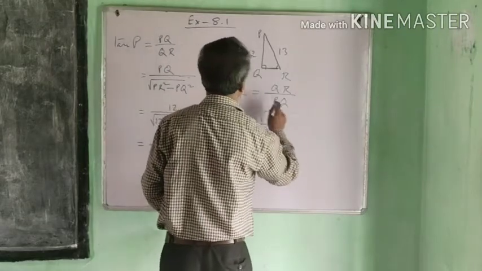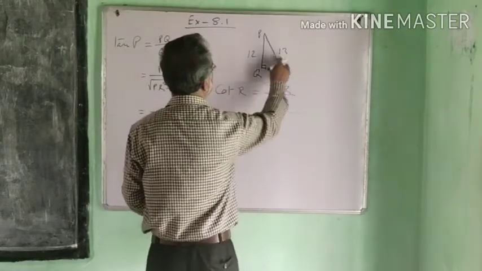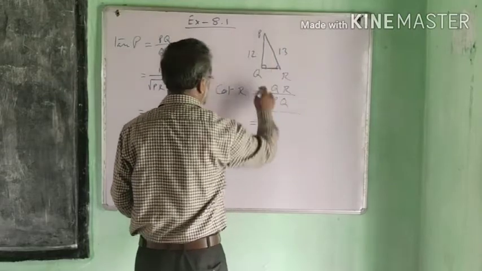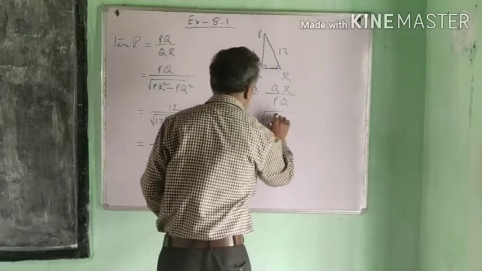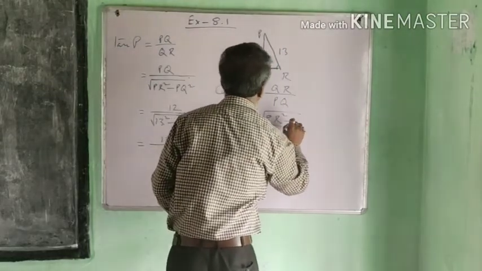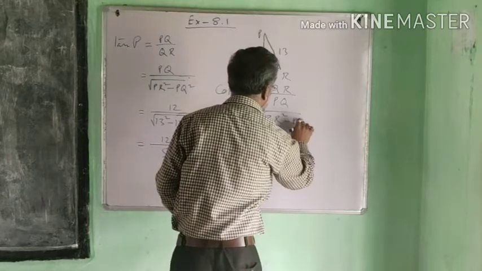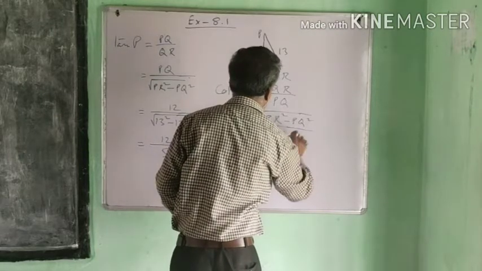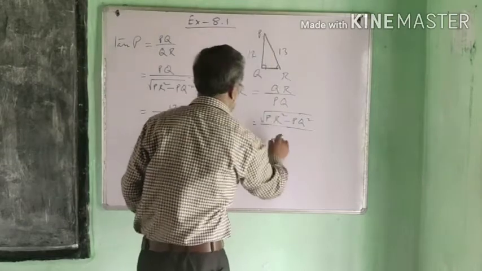Again, QR you write. QR is equal to root over PR square minus PQ square, divided by PQ.